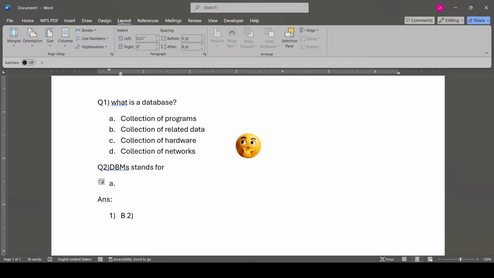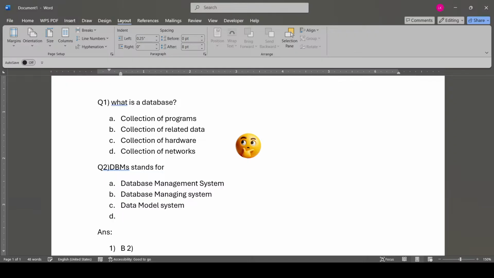The options are listed one after another. Okay, now tell me the answer.